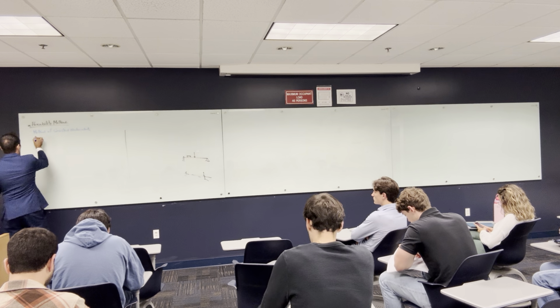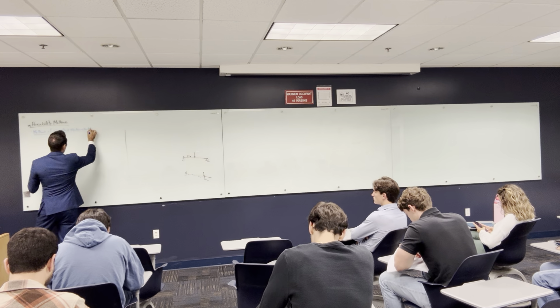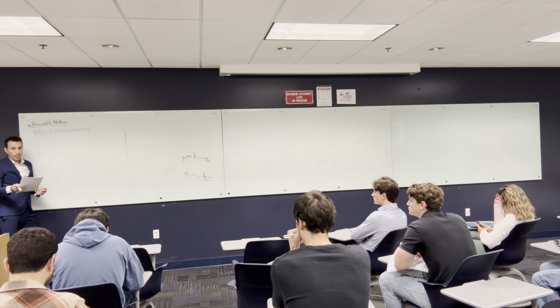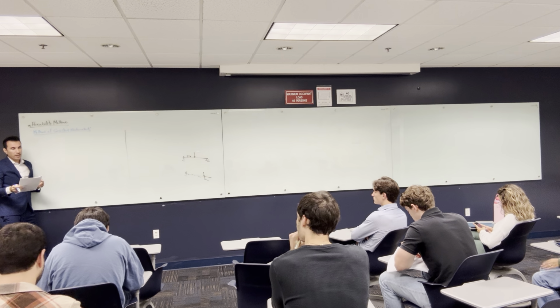So this is the method that we are going to learn today, and it's one of the most important methods to solve indeterminate structures. This method basically depends on two things.